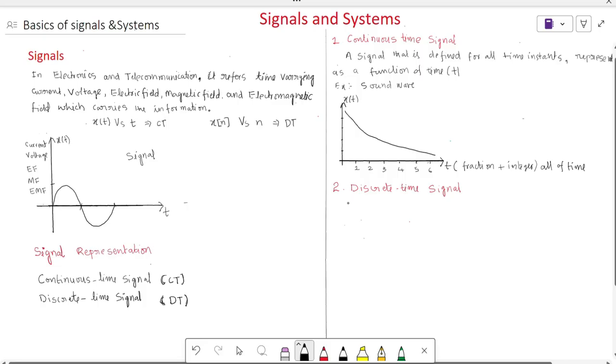Definition. So a signal that is defined only at a specific instance.